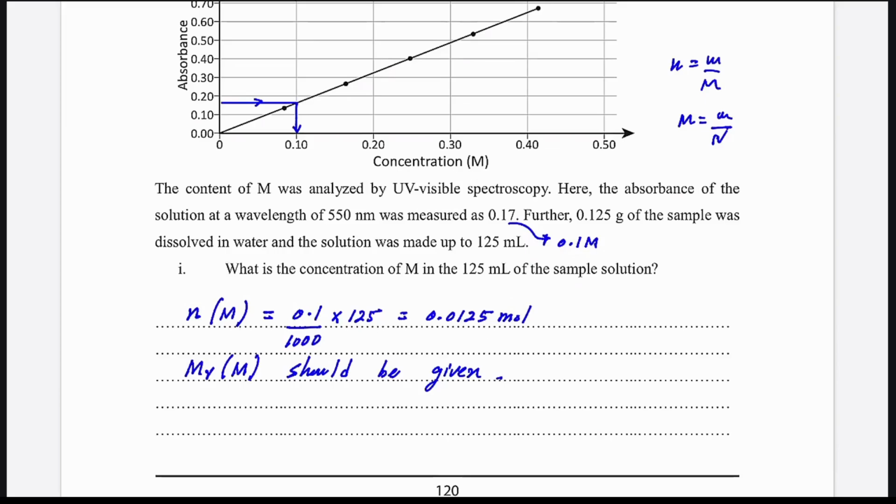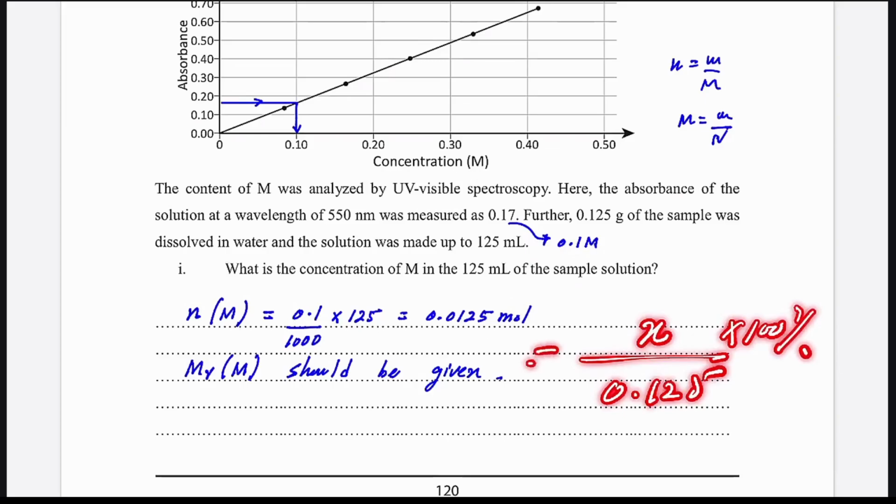So you have to calculate like this: 0.125 times 100. That's a percentage. You need to find this.